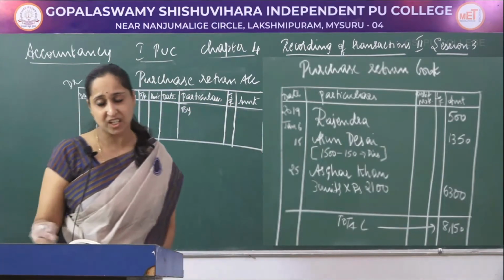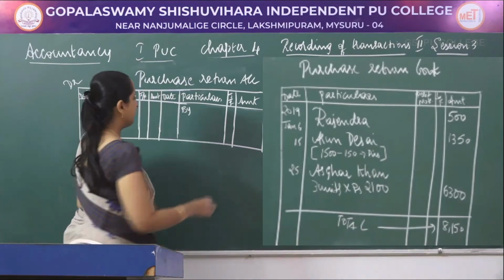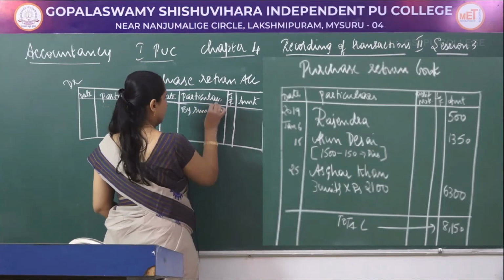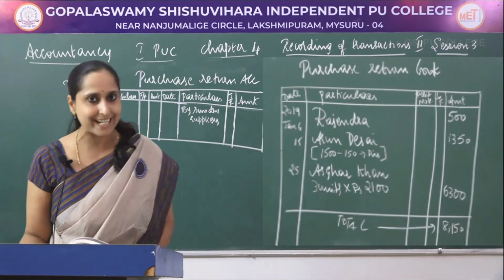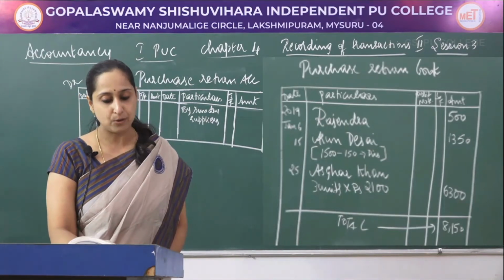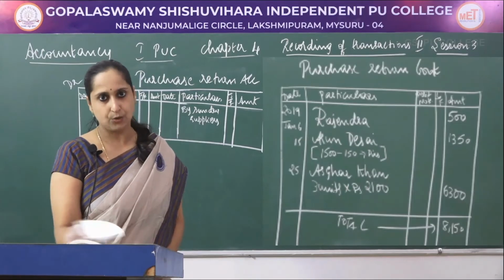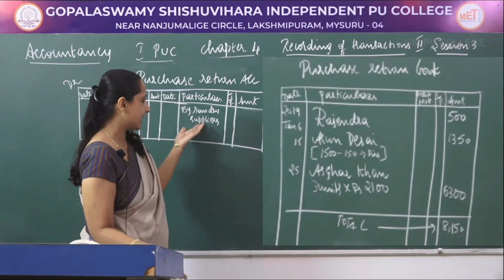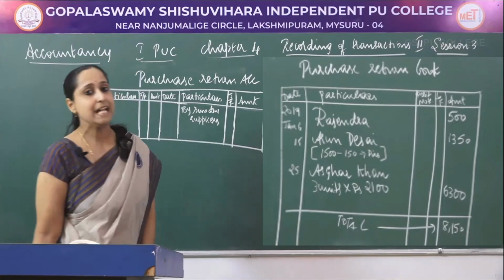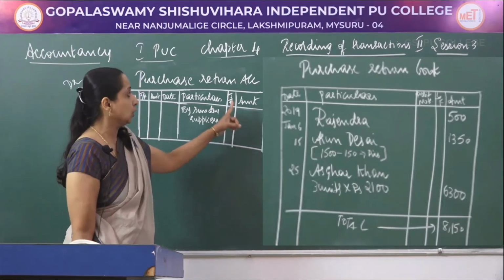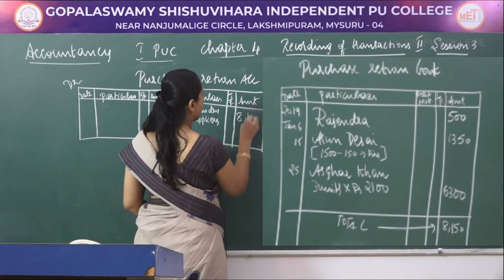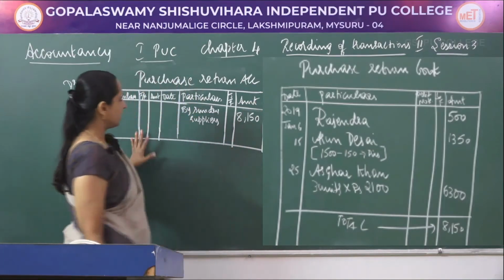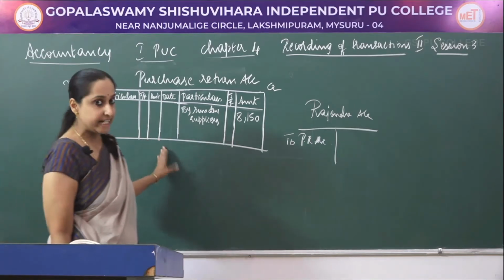Instead of writing by Rajendra's account, we can write by sundry suppliers. So, we have returned goods to all 3 suppliers, that is Rajendra, Arun Desai and Asghar Khan. So, instead of writing all these names, we can write it as to sundry suppliers. So, here we have to write the total of purchase return account. So, the total of purchase return account is 8,150. So, this is the ledger account of purchase return account.